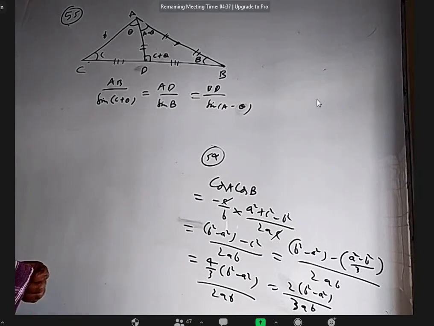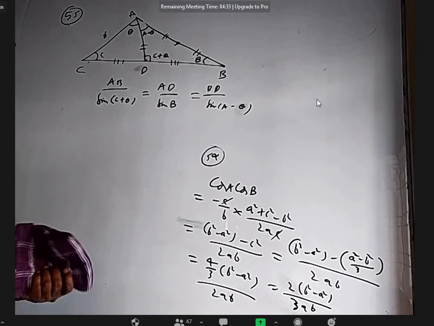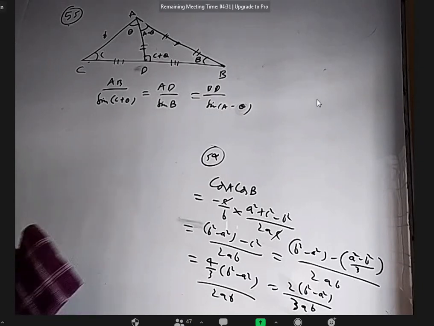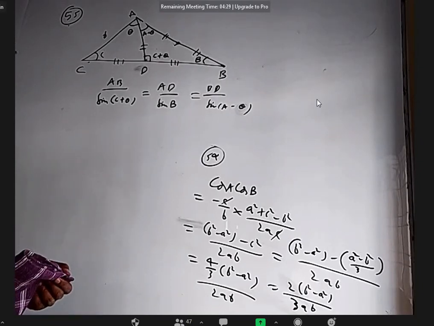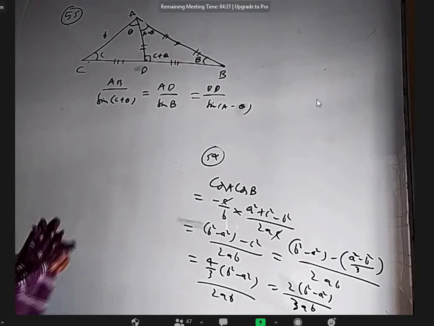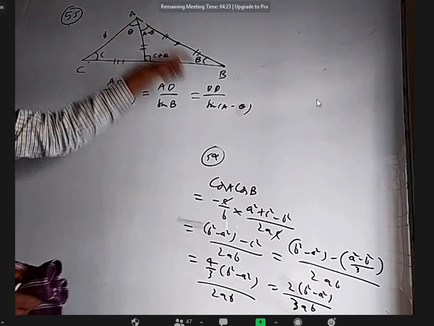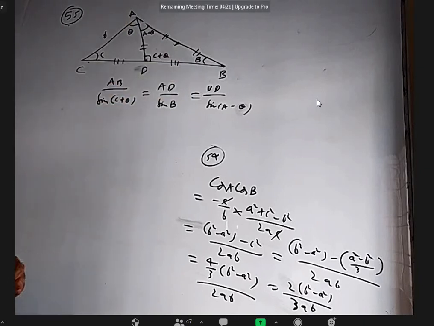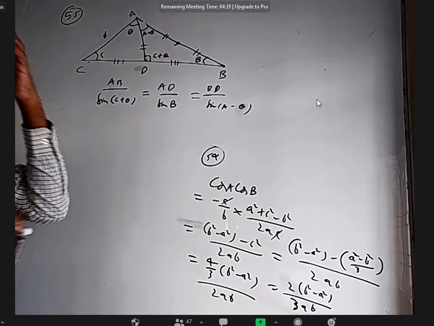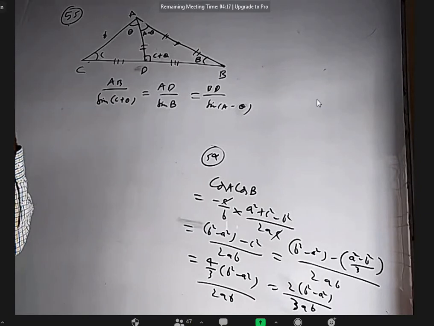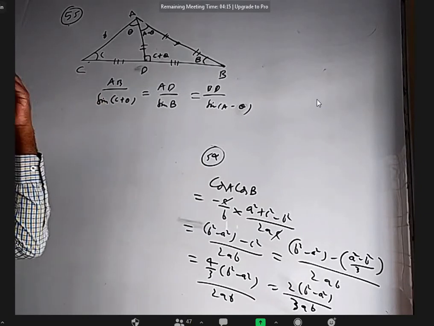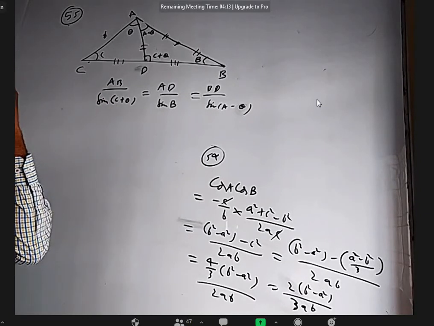Sir, I tried to prove similarity, but which condition should I apply? I'm confused, sir. But first of all, no triangles are similar here. You can use sine rule in two triangles, but this triangle is not similar to the total triangle, right? Because all three angles should be the same for similarity. Angles are not the same.